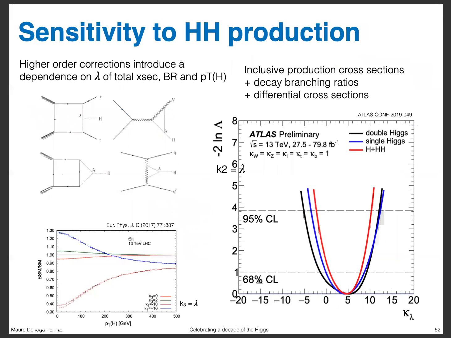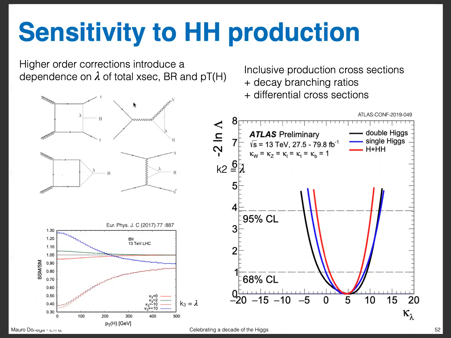Final one, there's another way of using these cross-section measurements that, again, like with the coupling to the charm, enters the competition with direct measurements. You can also go in competition against the direct search for Higgs pair production.